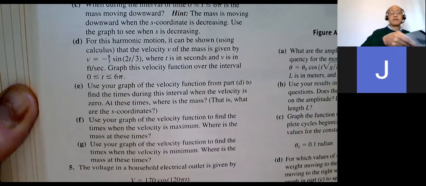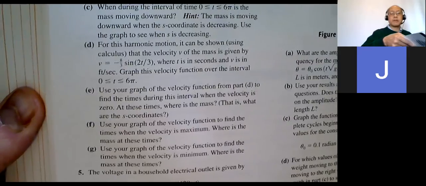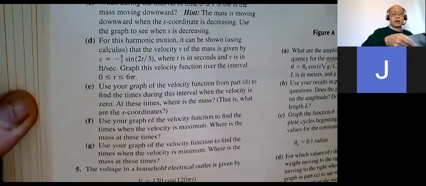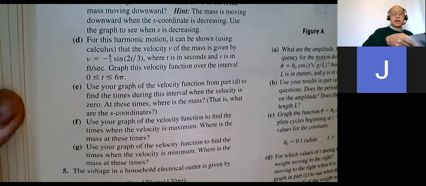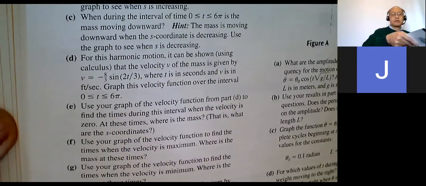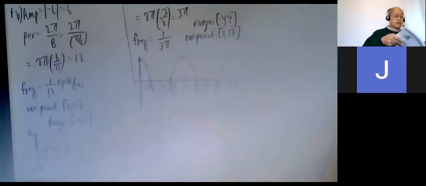D. For this harmonic motion, it can be shown by calculus that the velocity is given by -8/3 sine of 2t/3, where t is in seconds and v is in feet per second. Graph the velocity function over the interval from 0 to 6π. Okay, so we're doing a brand new graph.